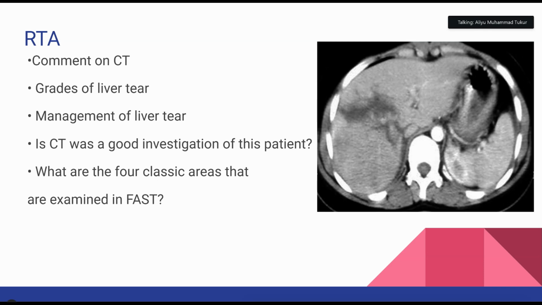The management of liver tear depends on the grade. For early grades, up to grade 2, it is conservative management: transfuse blood appropriately when there is low HB, and monitor the patient with hepatic assessments like ultrasound. That usually suffices.